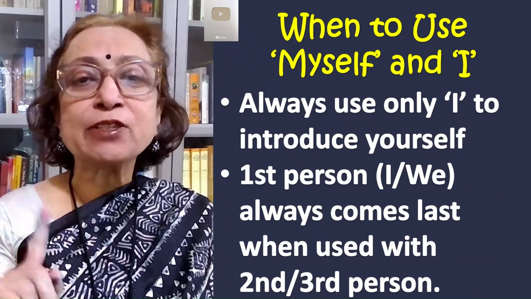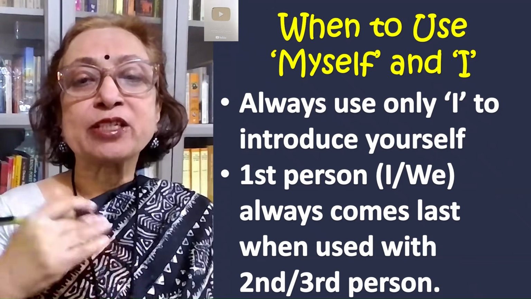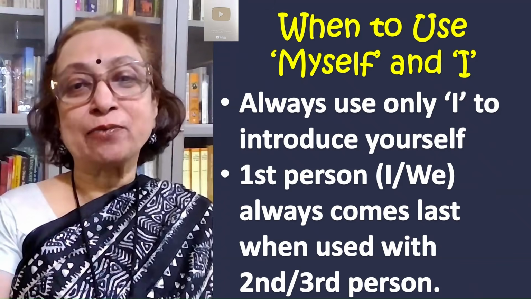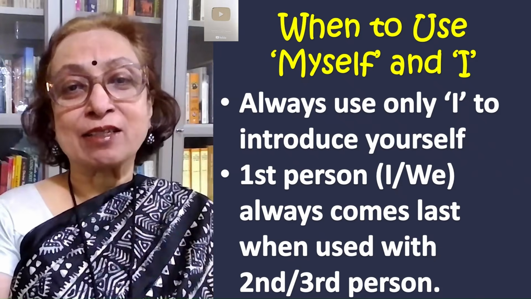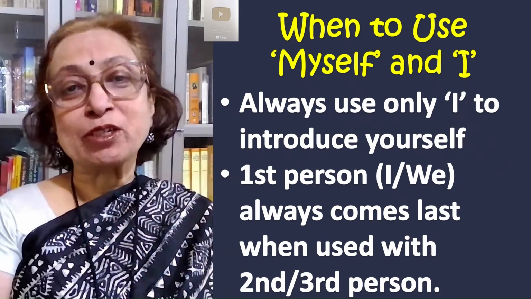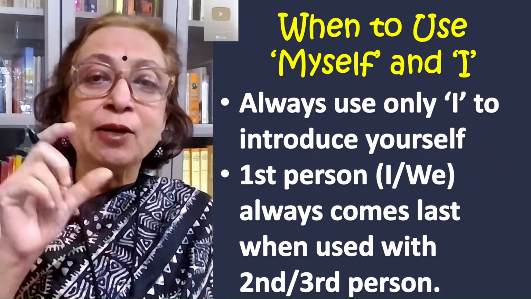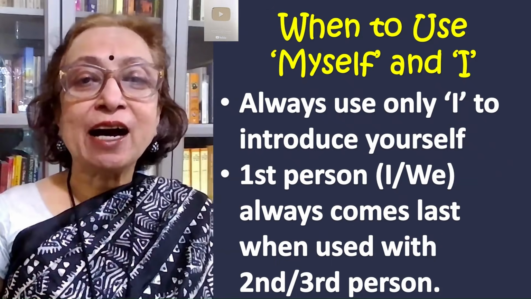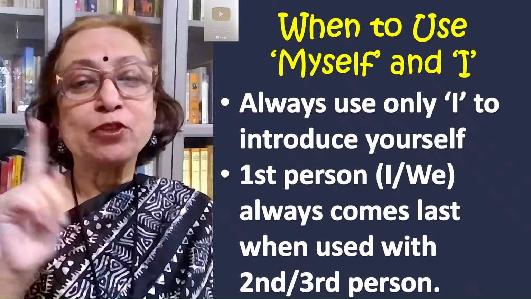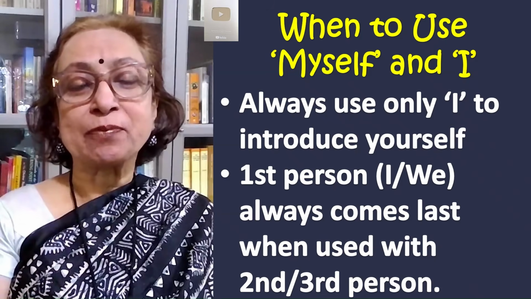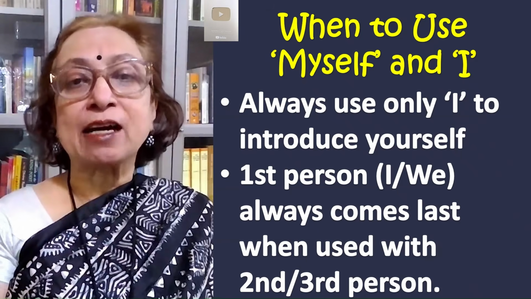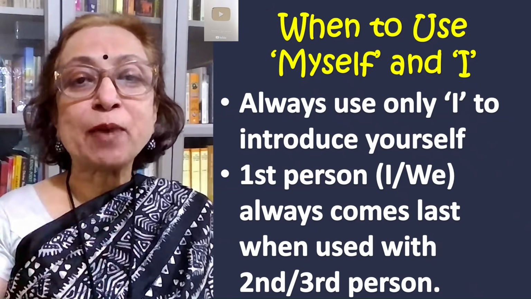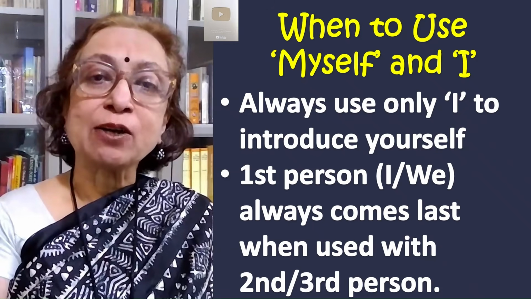Here, myself is not correct. You should say, my family and I. Always the other person comes first. We come last in the order of pronouns. So you say, my family and I are going for a picnic, not myself and my family. Or, my family and I live in this house, not myself and my family live in this house.